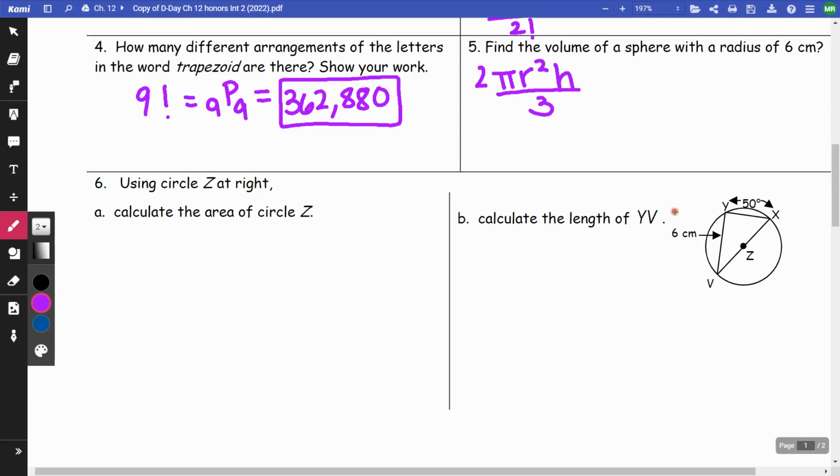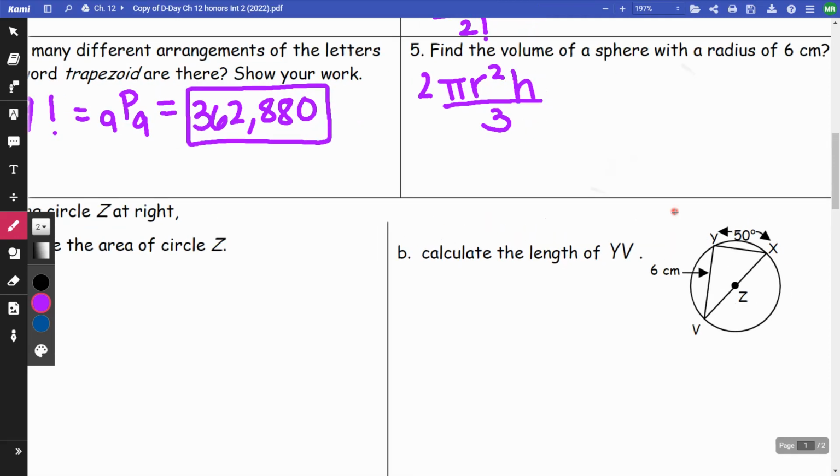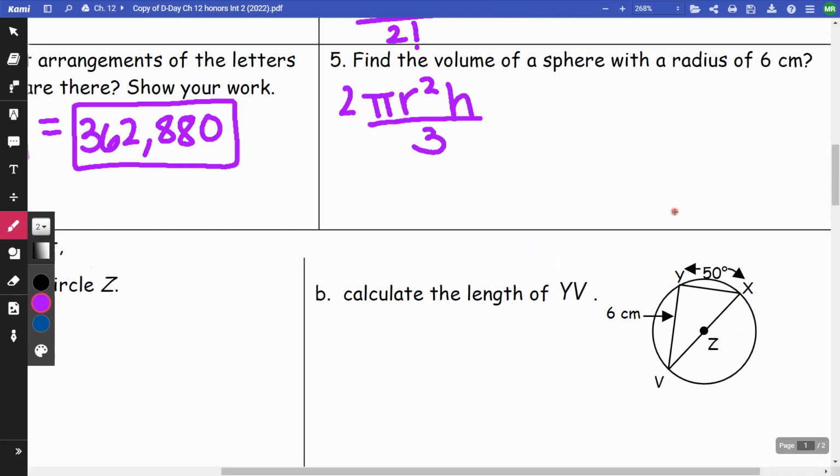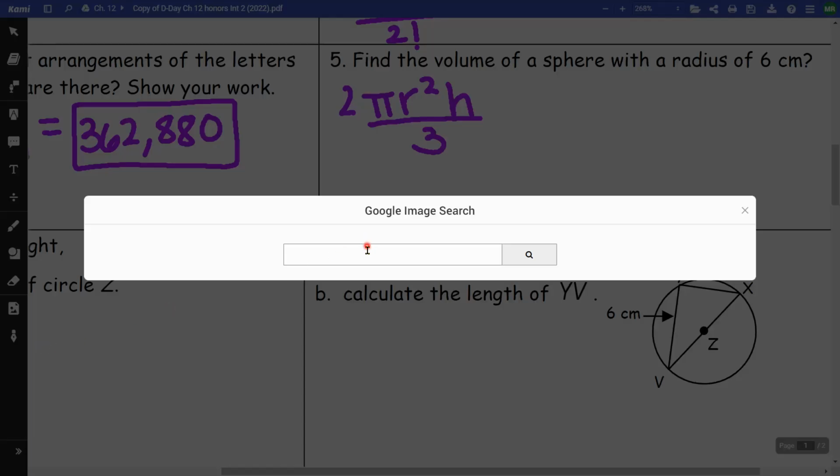Now, when we're dealing with this, the height of the sphere is really our diameter. So I'm just gonna real quick grab a sphere shape.